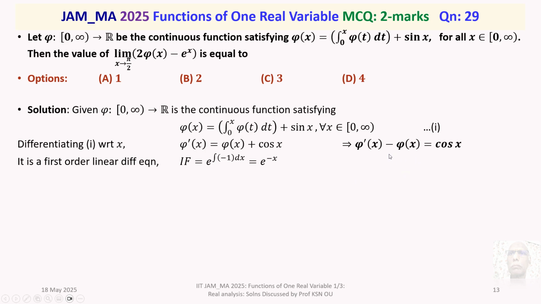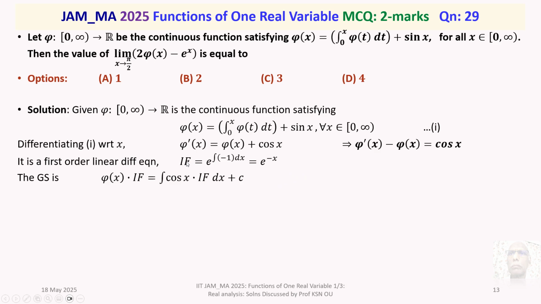So, to solve this first order linear ordinary differential equation, we first find the integrating factor, e power integral p dx. Here p is minus 1, so it is e power minus x. Now the general solution is given by phi of x multiplied by the integrating factor is equal to the integral of the right hand side function cos x multiplied by the integrating factor, integrated with respect to x, plus c, where c is the constant of integration.